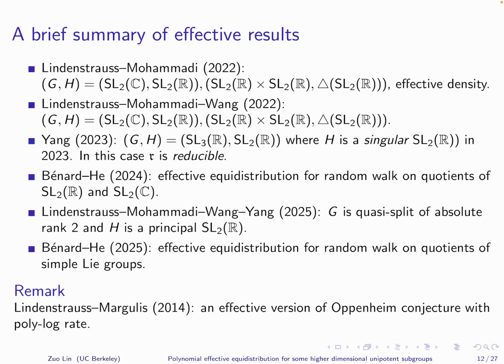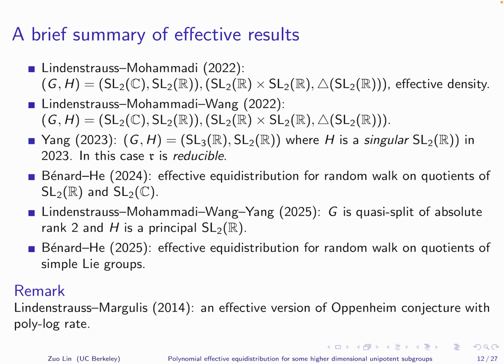In 2022, Lindenstrauss and Mohammadi proved an effective density result for G equals SL2C, H is SL2R, or G is SL2 times SL2, and H is diagonally embedded SL2. These are the first two examples in our setting. And later, with Zhu and Wang, they proved an effective equidistribution result for these two settings.